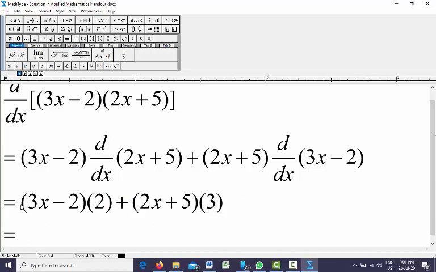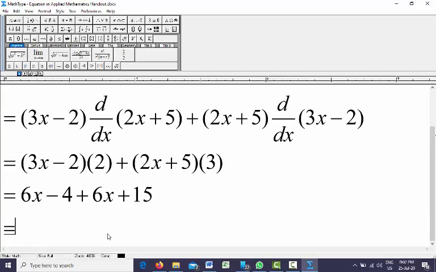Now we will multiply these two first. So we will have 6x minus 4 plus, and then if you multiply these two, we will get again 6x plus 15.